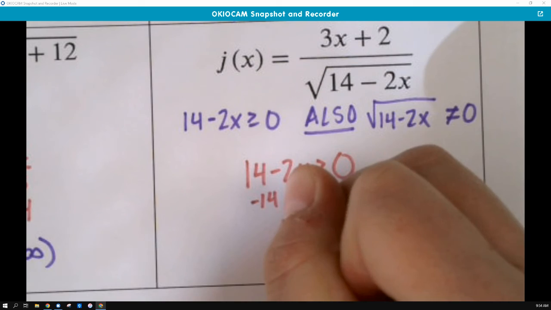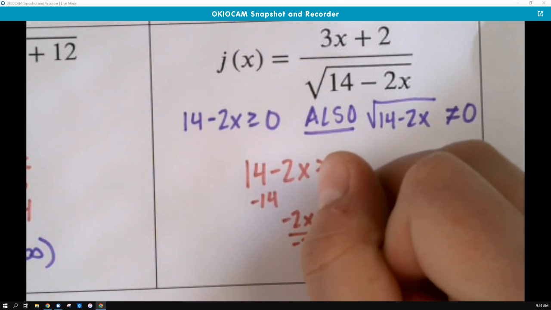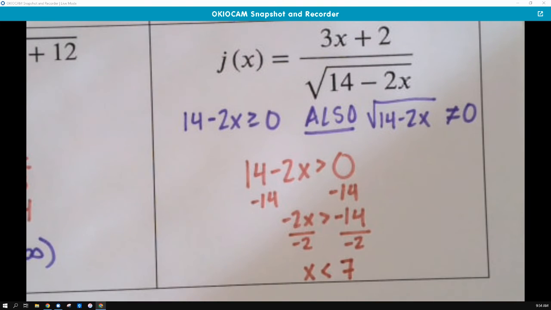And I'll get x. Quick quiz question, what do I need to do? You need to flip your sign because you just divided by a negative. So I get x is less than negative 14 divided by negative 2, 7. When we multiply or divide by a negative in an inequality, we need to flip our sign. So that means x has to be less than 7.